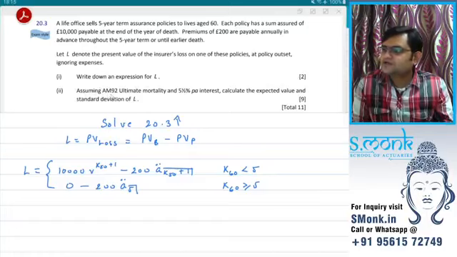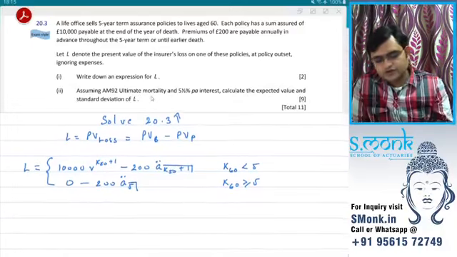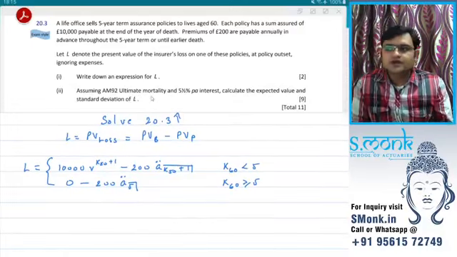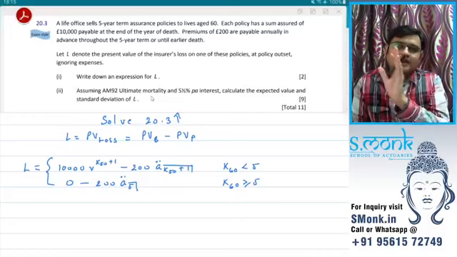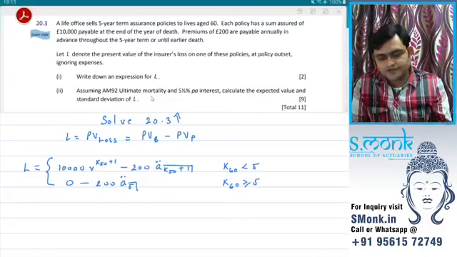Now they're saying assuming AM92 ultimate mortality and 5.5% interest, calculate the expected present value and the standard deviation of L. First, we'll find the expected present value. You don't have to take L and then decide what the expected present value is going to be.